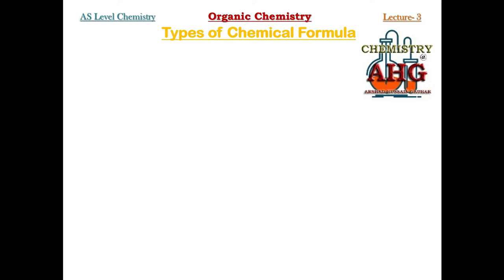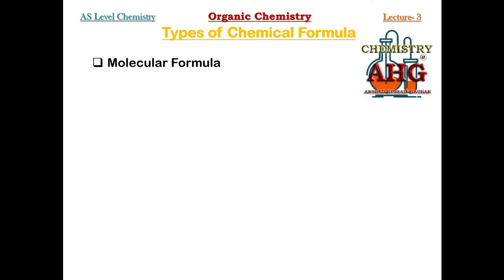Okay, let's start. First of all, you must remember the first type of chemical formula that we study in the organic chemistry. It is molecular formula. Molecular formula we also study in the stoichiometry or in the mole concept. What is molecular formula?